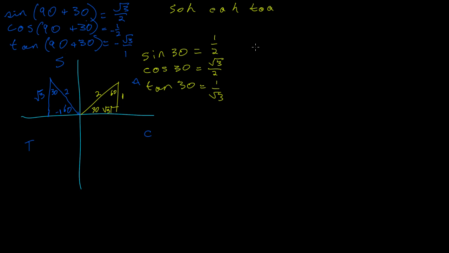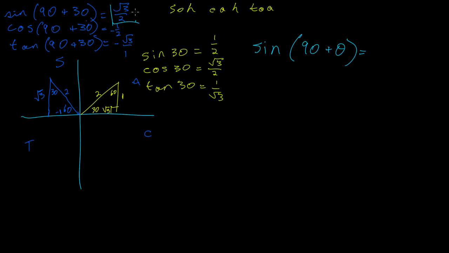So let's see. The sine of 90 plus theta. For me, it's more important that you understand how to do this computation I've done now than that you memorize these, because there really are so many of these. It's more important that you're able to use the computations properly. Anyway, sine of 90 plus theta. Well, have a look at this.